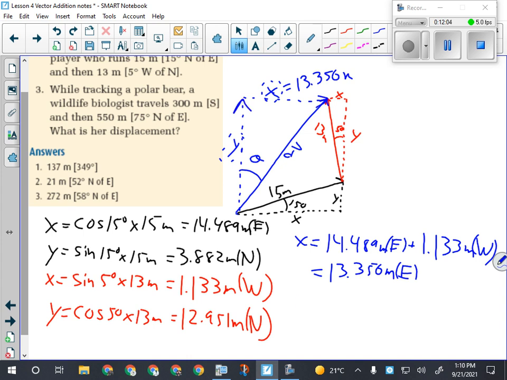All right, then I've got to do the same thing with the y's. Luckily, both y's are which way? North. So I just have to add them. Okay? They're essentially collinear, which is exactly how they're drawn over here on the right-hand side. This one goes north, and this one goes north. So y will be 3.882 meters north plus 12.951 meters.